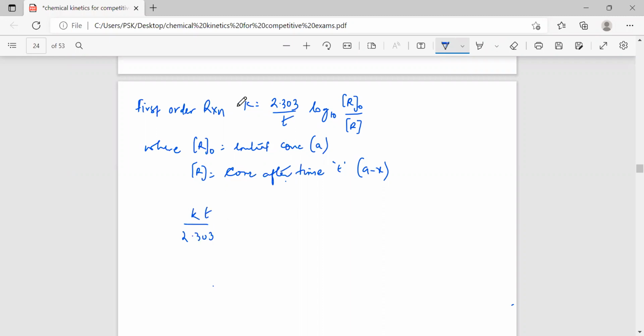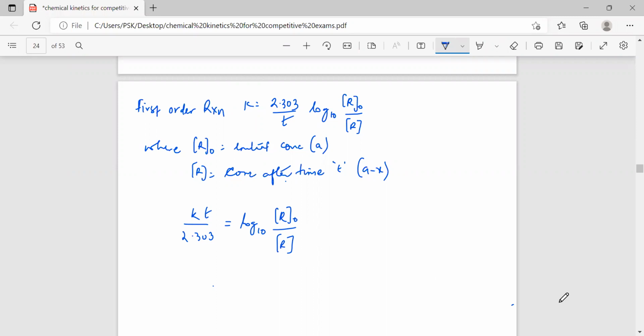You can cross multiply t with k and bring 2.303 to the denominator. kt by 2.303 will be equal to log to the base 10 of R naught by R. So what we get is kt by 2.303 is equal to log of R naught by R. Yes or no? Yes, sir.